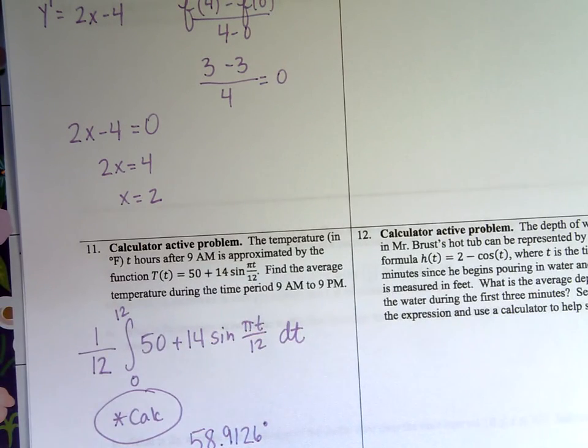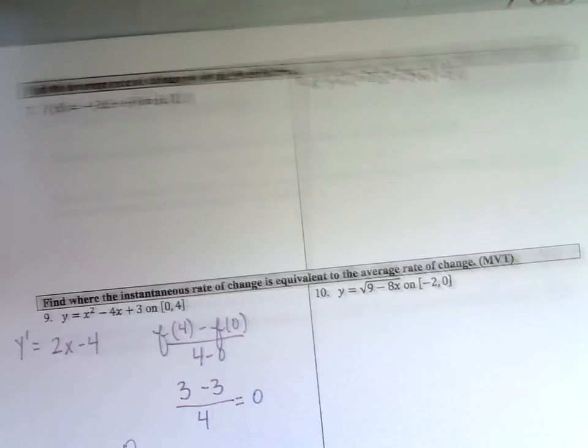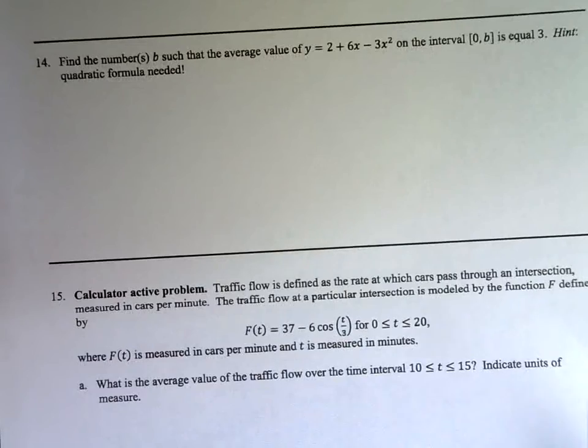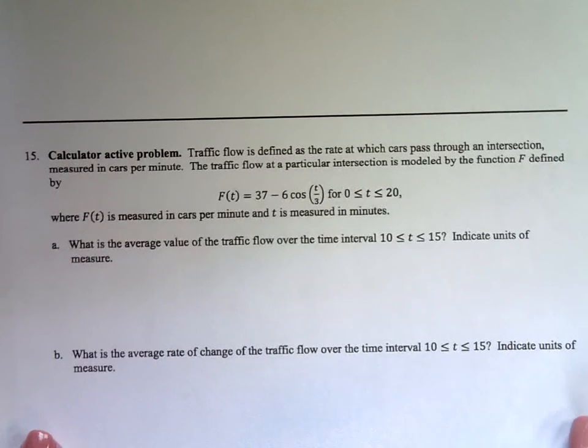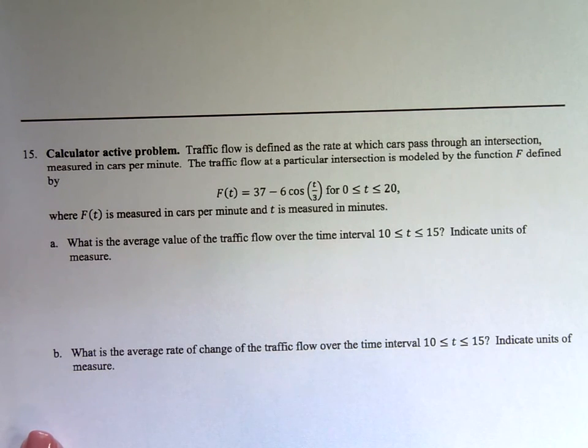And then I have one last one that I'm going to do with you, and it kind of summarizes the whole shebang of this lesson. It is number 15, again a calculator question with trig. Glad I chose it. I have seen something like this on the AP exam several times.